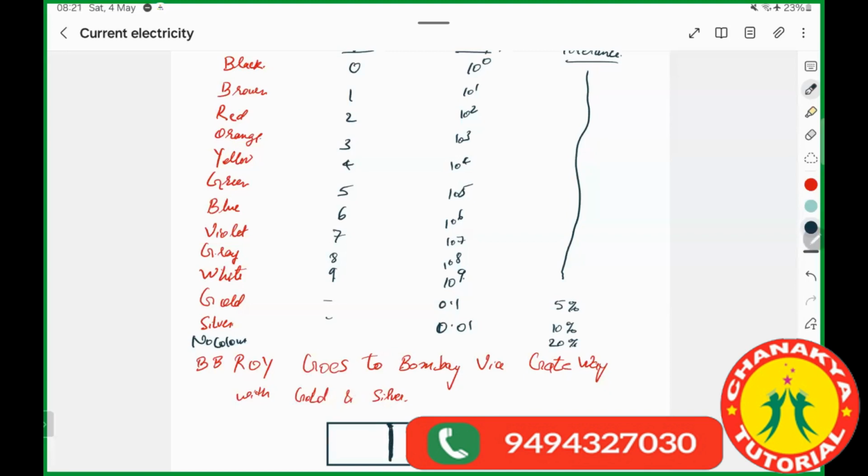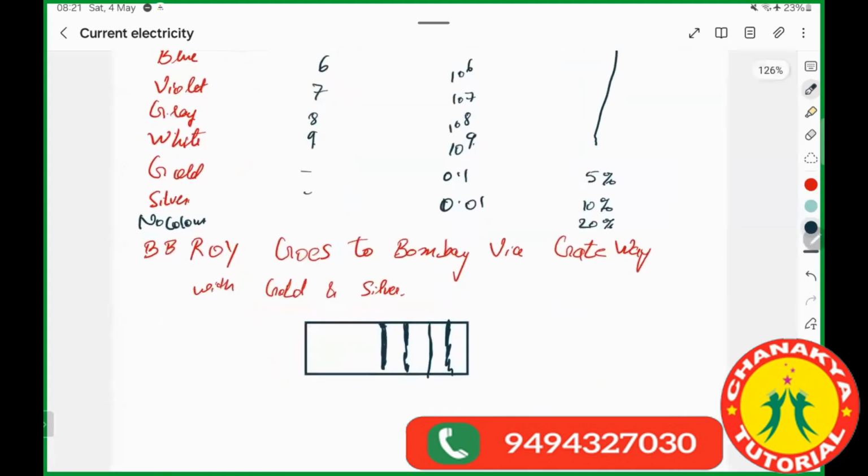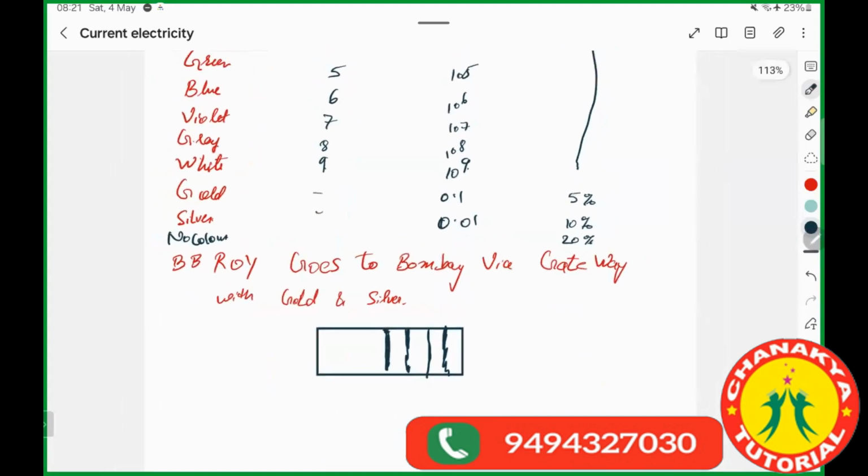This is the first color, second color, third, fourth. Now this is the first digit, second digit, third one is multiplier, fourth one is tolerance.